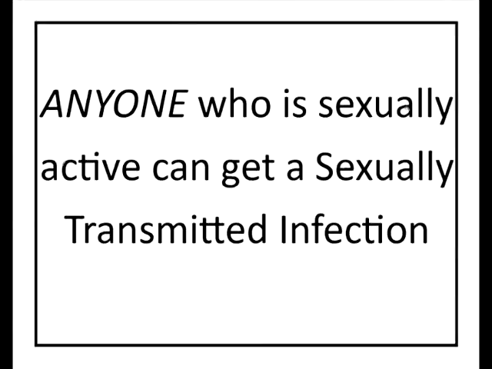And again, regardless of your gender expression or your sexual orientation, sexually transmitted infections do not care about those things. Sexually transmitted infections can happen in same-sex relationships as well as opposite-sex relationships.